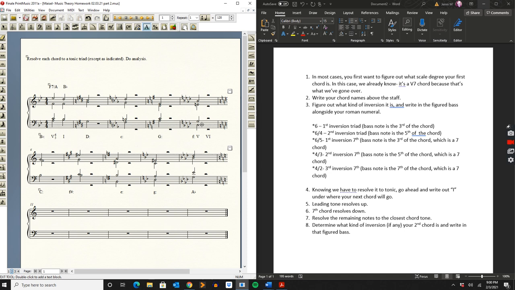So let's figure out what the name of this chord is. Is it a C minor 7th chord? Well, a C7 chord would be a C, E, G, B. Well, we've got a C, we've got an E natural, we've got a G, and we've got a B flat. So it looks like in this case, we don't have to do much digging because we already know that our chord is going to be a C dominant 7.